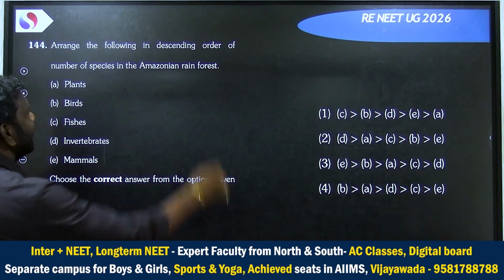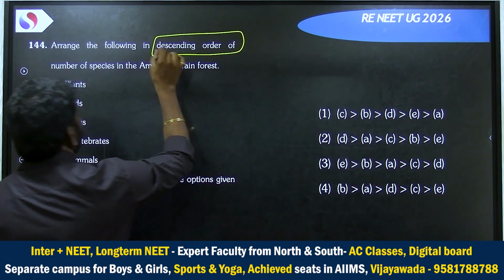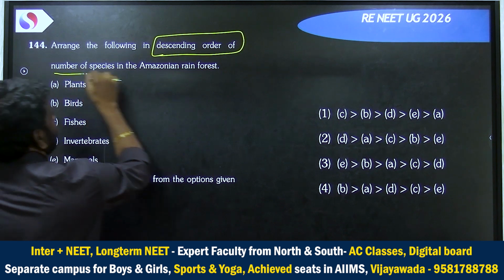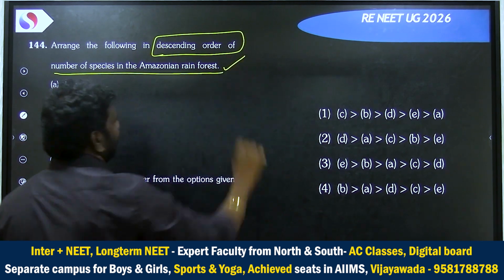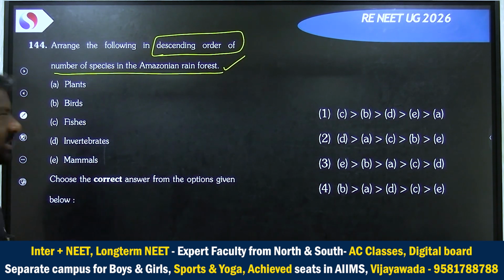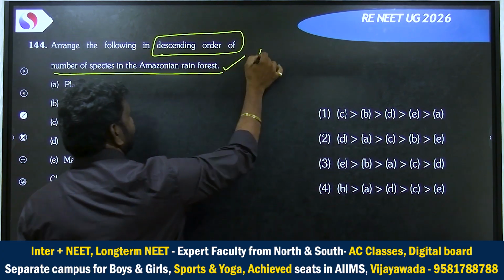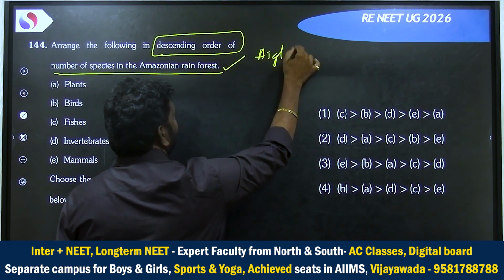Arrange the following in descending order of the number of species in the Amazon rainforest. Most important, descending order means from high to low, from high number to low number.